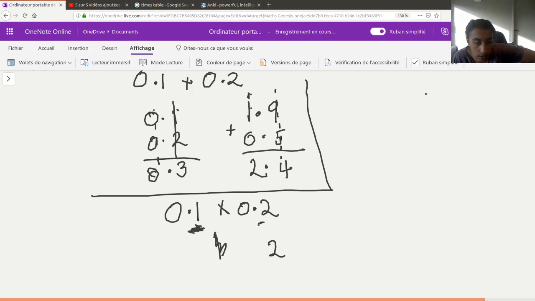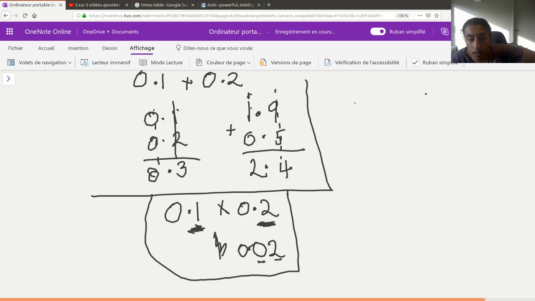So there's 1 here and 1 here, and then you require that there be the same total number of digits in your answer. So there's 2 in total, so there needs to be 2 digits after the decimal. Here's the decimal, and so here 1, 2 digits. It's a bit tricky, it's a bit funky, but roll with it.